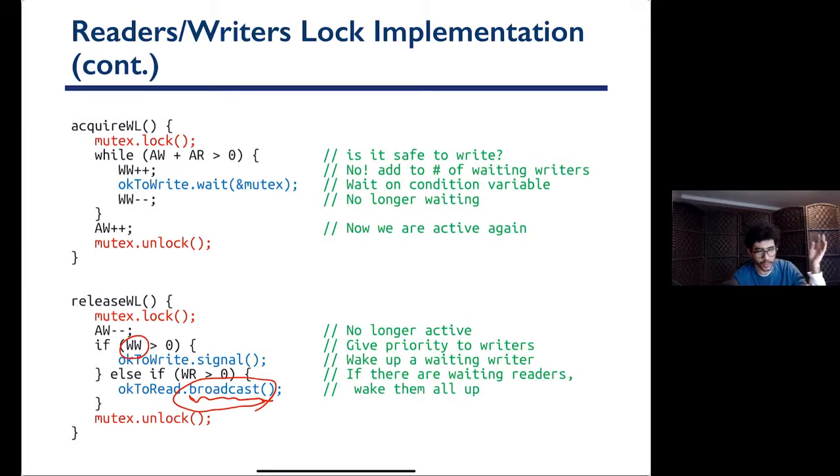You can compare this with the signal we used for writers, because for writers, only one of them should go and write. So we used signal here. But for readers, if there are no other writers, then all of them can go and start reading. Okay, so that's it. So we have implemented it.